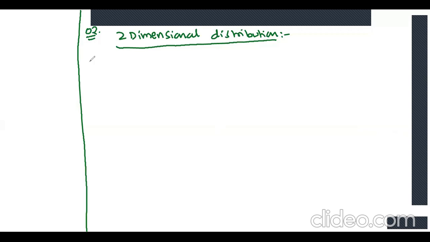For two-dimensional distribution we have things like ring, disc, square, triangle, etc. In all these, the distribution of charge will be along two dimensions.